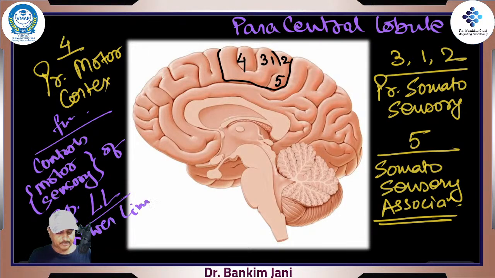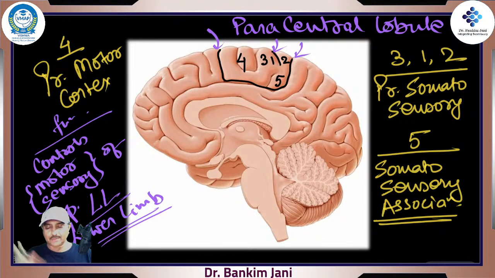That's how every part of the body is mapped. So this part is clear. Meanwhile, you should know which sulci these are: paracentral, then central, and the marginal. Perfect. On to the next one.